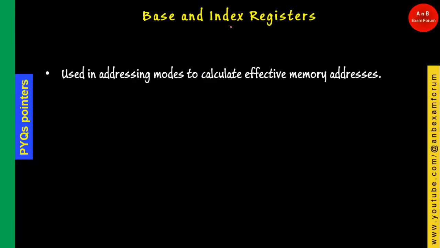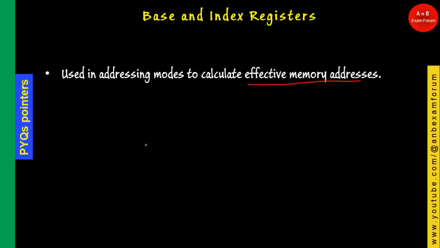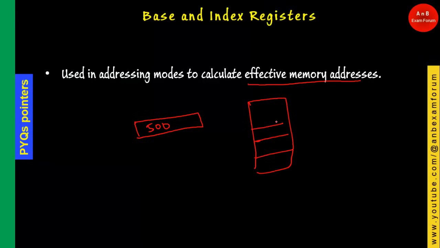The next one is the base and index register, and these registers are used in calculating the effective memory address. What do we mean by effective? Say my register is storing the value 500, so it is pointing to memory location 500. Suppose that location has the value 100.